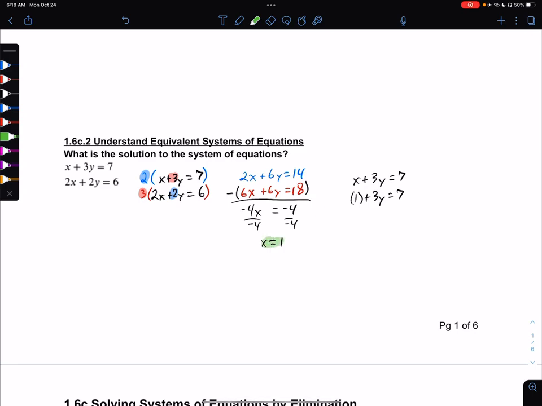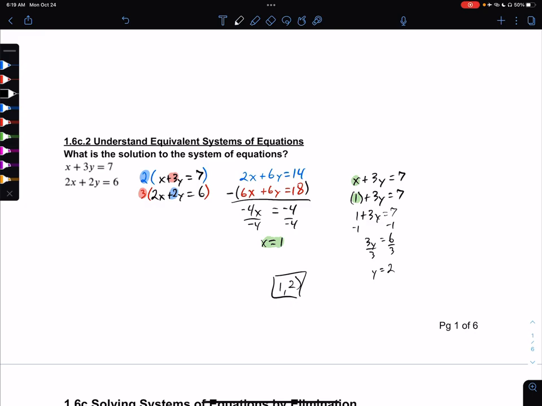So I have 1 plus 3y equals 7. I'm going to subtract 1 and divide by 3. So y is equal to 2. My final answer is (1, 2).